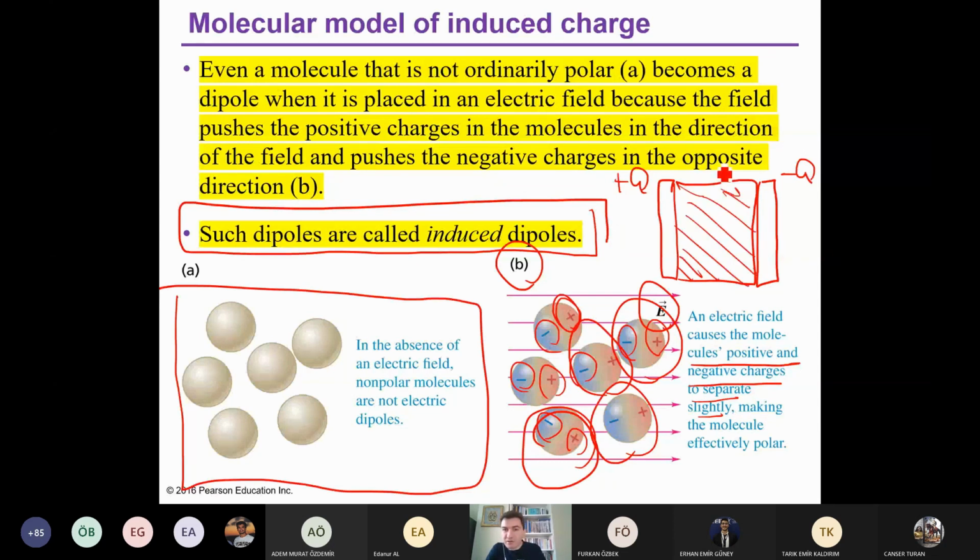They are neutral, but whenever we insert them in the electric field in the capacitor, negative charges are induced on this positive side and positive charges are induced on this negative side. Okay, this is the mechanism of the induced charges in electric dipoles. I hope this is clear.